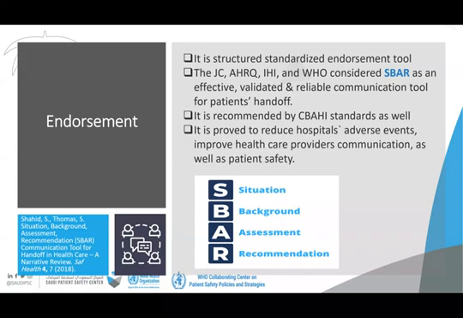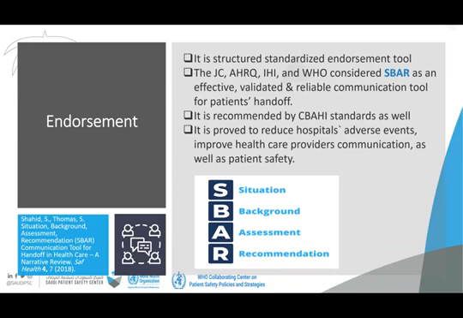It is also recommended in the SBAHI standard, with a similar tool. It has been proven to reduce hospital adverse events, improve healthcare provider communication, as well as patient safety. You will find this article published in 2018 with the full detail about the validation, how reliable it is, and how it can prevent such incidents.